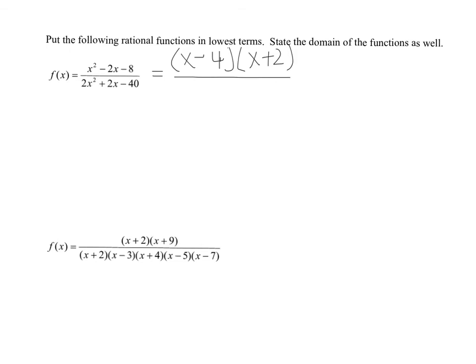And in my denominator, before I start factoring, I notice 2x squared, 2x, and 40 are all divisible by 2. So I'm going to factor out that 2 first. When I factor out the 2, we end up with x squared plus x minus 20. Now we're going to factor the quadratic that's inside our parentheses. Our numerator is staying the same.